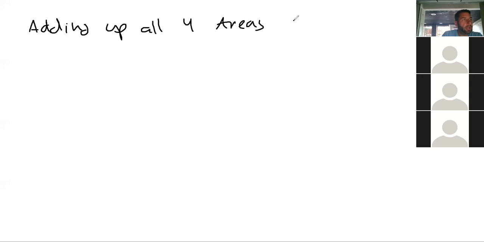Okay, so anyhow, if you add up all 4 areas, what does it give?